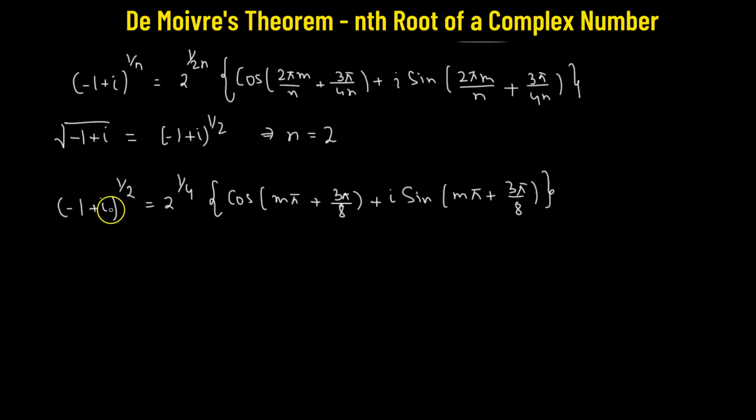Now, since this is a square root, we know there will be two distinct roots. For that we can take two values of m, so m could be either 0 or 1. So we'll take the first case when m equals 0.